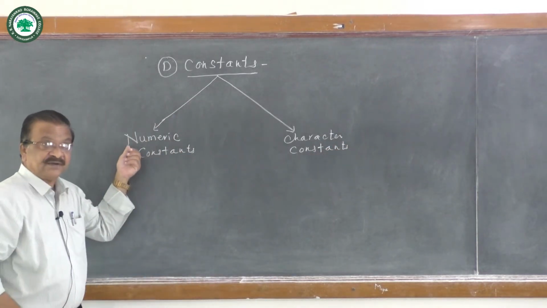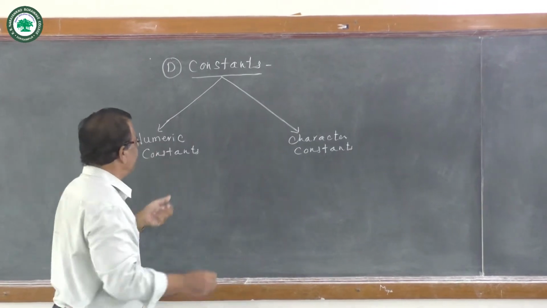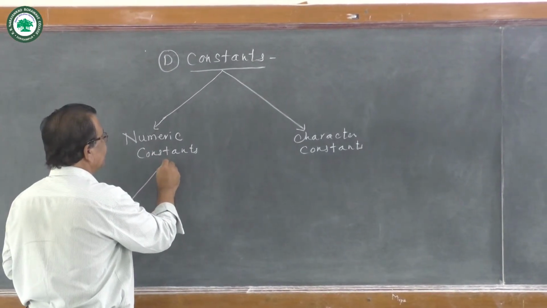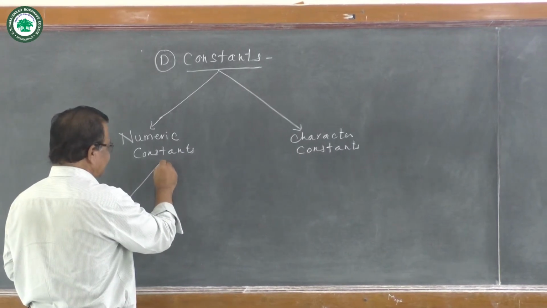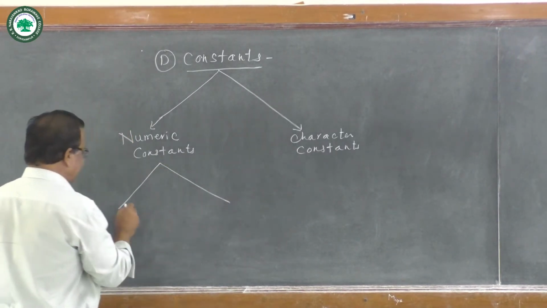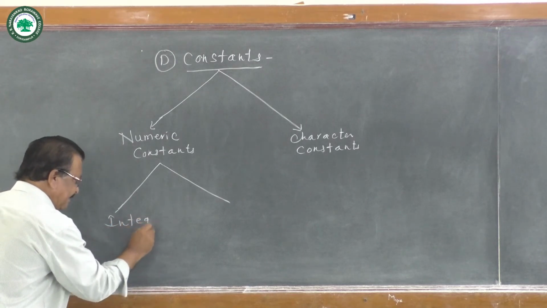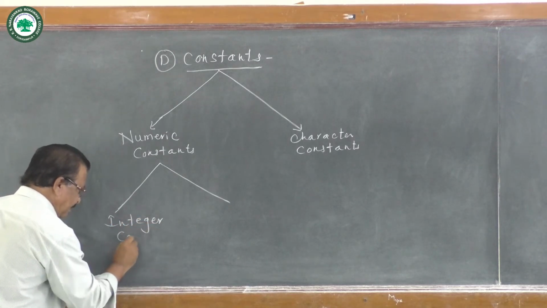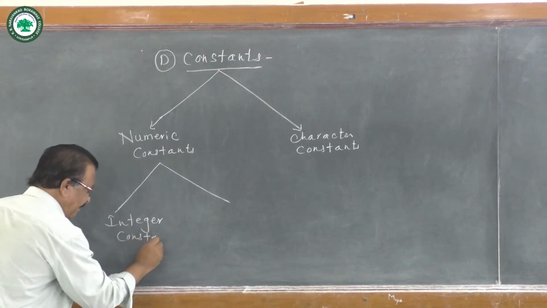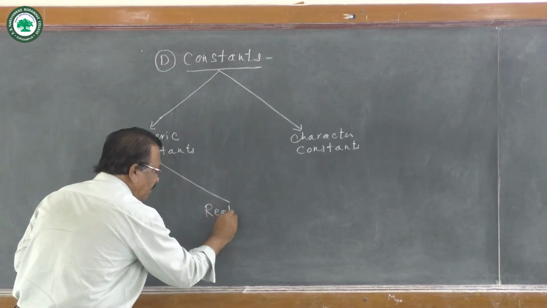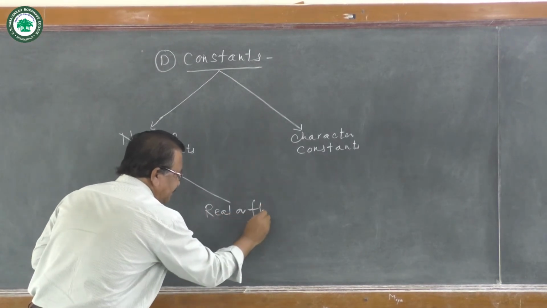Numeric constants are further classified into two categories, namely integer constants and real or floating point constants.